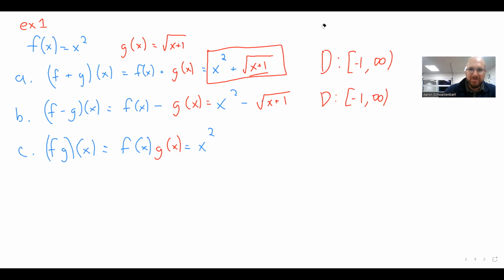And then when you plug it in with parentheses, you FOIL if needed. Again, nothing's changed about this. x squared can still be all real numbers, but multiplied by something that can only be -1 to infinity, so that's my domain.